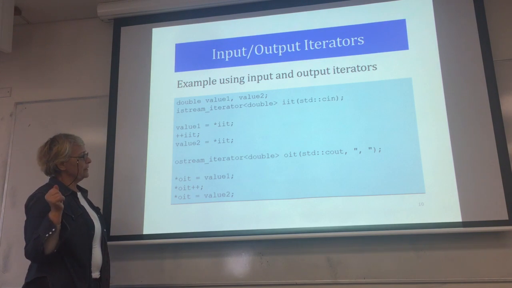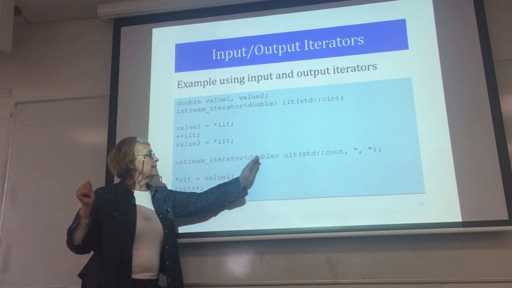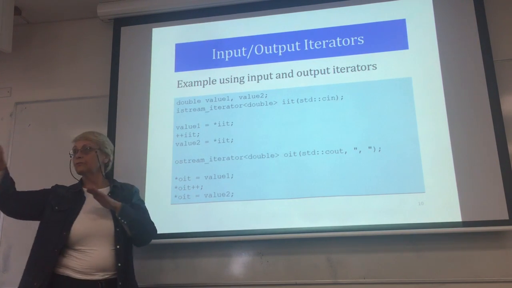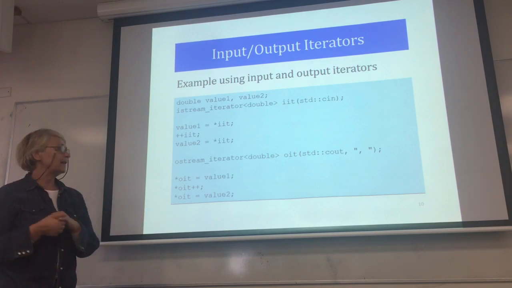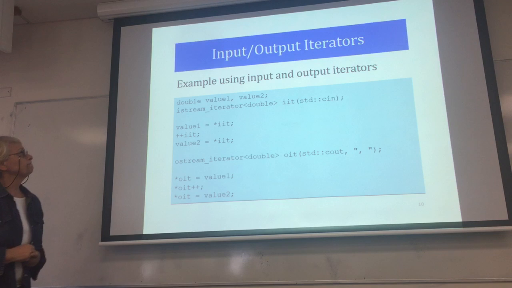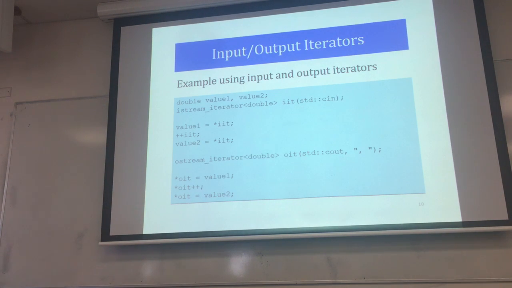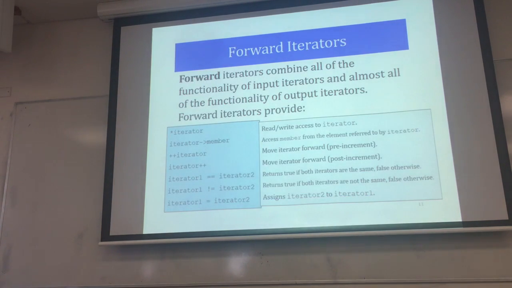Output iterator, on the other hand, is designed to go forward only and just to not change data, just display. It's an output thing. Okay, so we have seen how to initialize these iterators with standard variables.